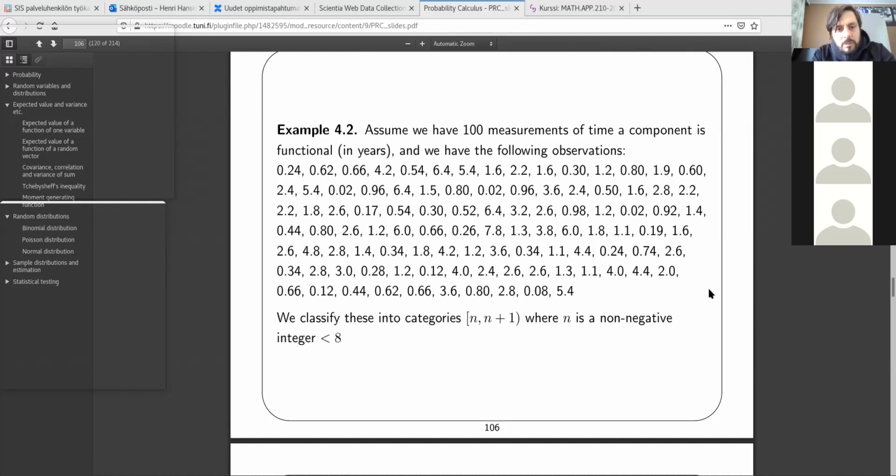There are small numbers like 0.12 and 0.24, and then relatively small numbers. And then there are relatively large numbers like 6.4 or even 7.8, in which cases the component has lasted a long while. So let's say that we classify these into categories so that it's between n and n plus 1, where n is a non-negative integer, and because no value greater than 8 appears here, we stop at 8.